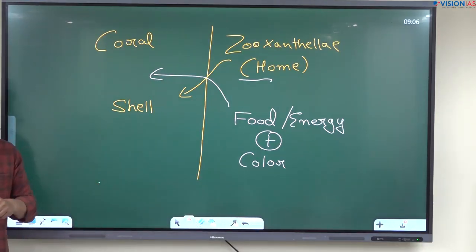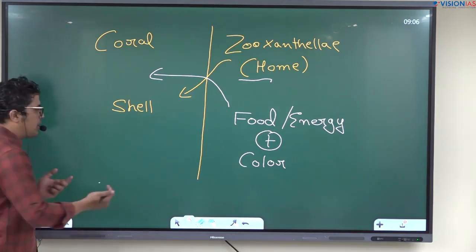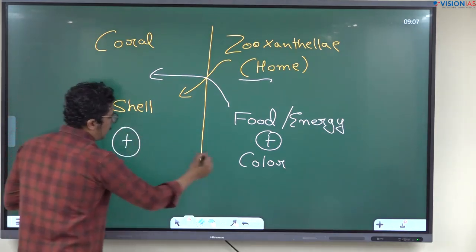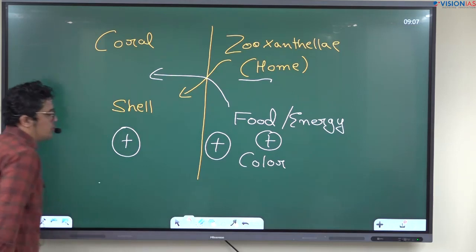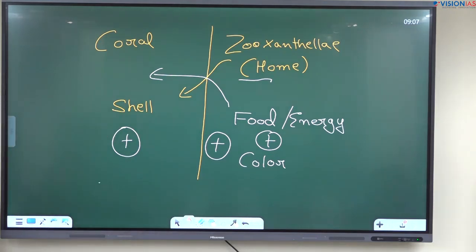What type of relation is this? Both are getting plus plus. So in the very first class itself, you have studied about symbiosis. When there is a sign of plus plus, what type of relation is it? Mutualism. So this is an example of mutualism, the relation between corals and zooxanthellae.